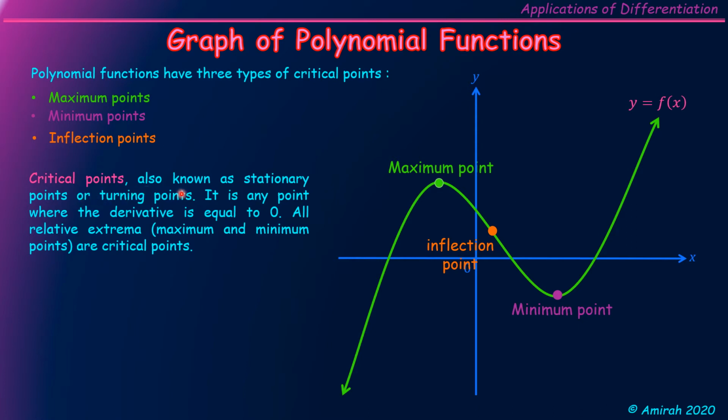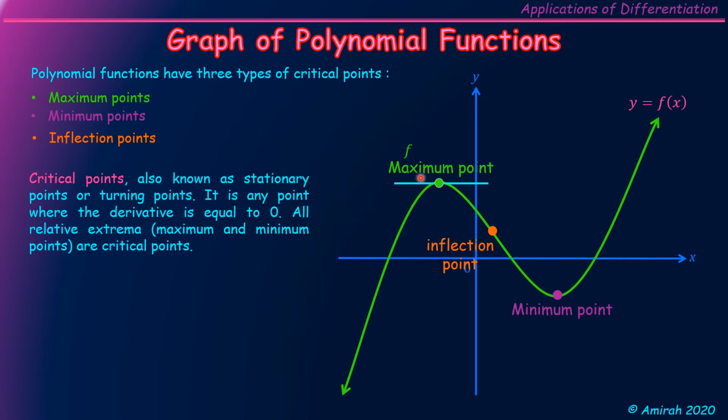Critical points, also known as stationary points or turning points, are any point where the derivative equals 0. All relative extrema, meaning maximum and minimum points, are critical points.